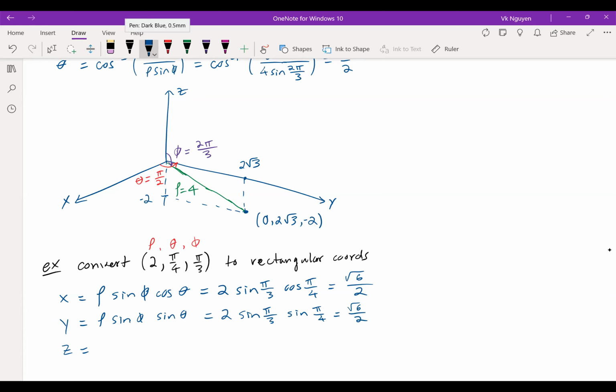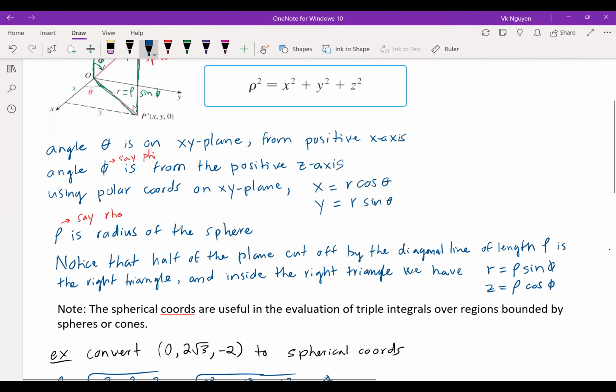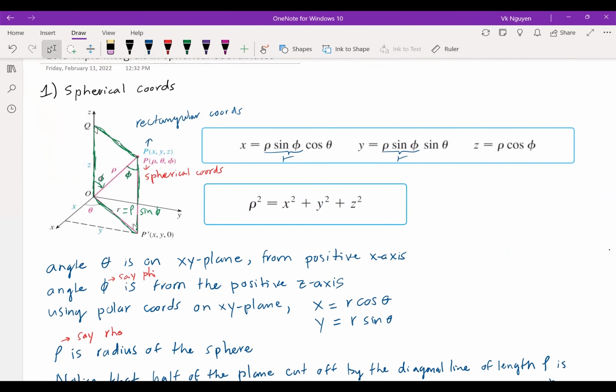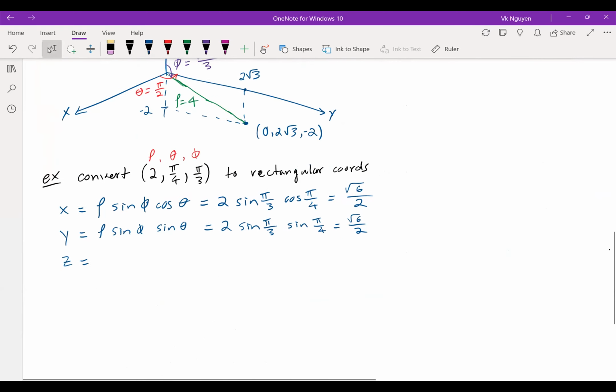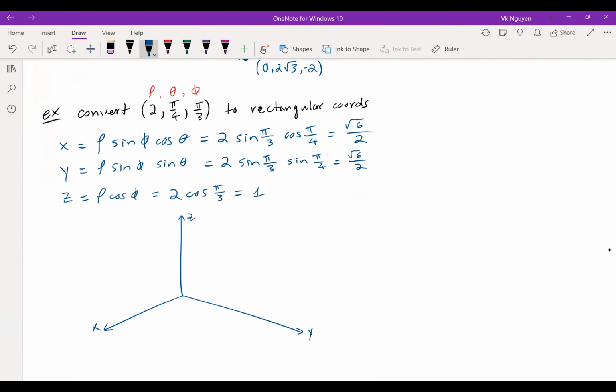Z is, oh man, I forgot the formula for Z already. Rho cosine phi, 2 cosine of pi over 3. One. Okay. Now, √6/2 is bigger than 1.